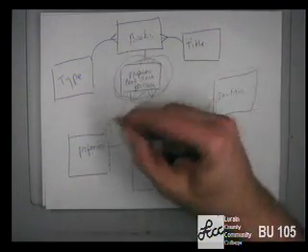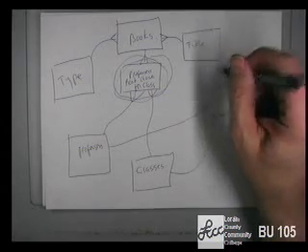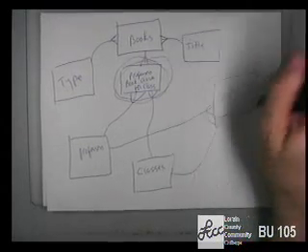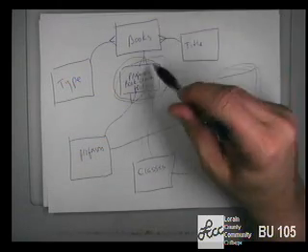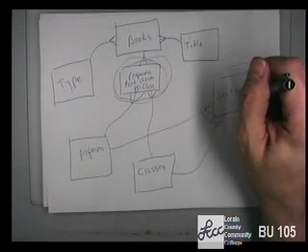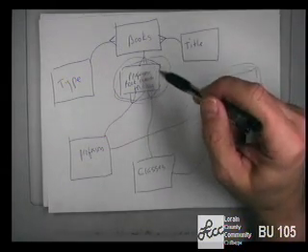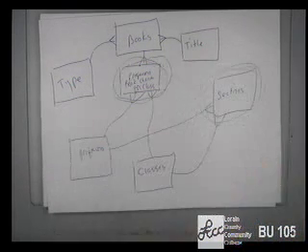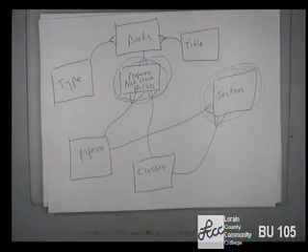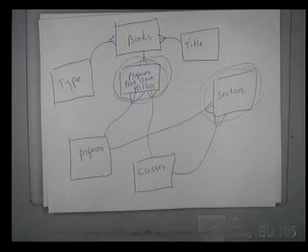Because there's no relationship between the section who actually is teaching this class and the professors that are selecting the books. And that to me sounds like a problem. All right?